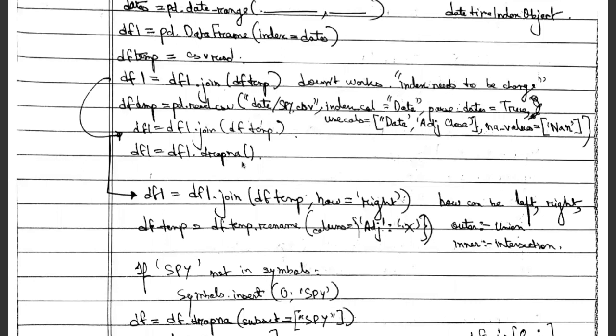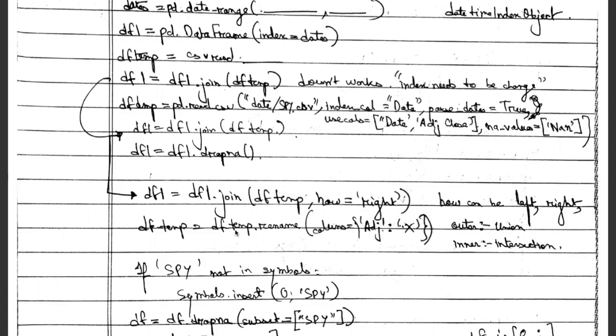So the next thing is join. So what do you do to join? We'll understand the meaning of join. Joining means you are doing an intersection or union of two tables.